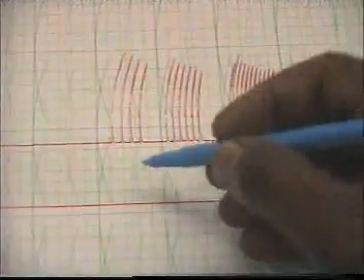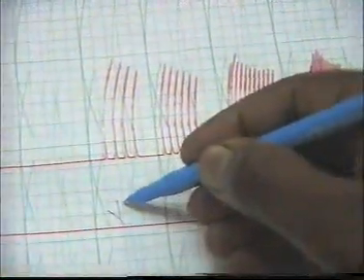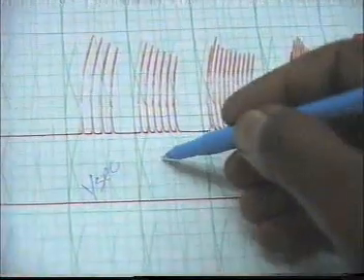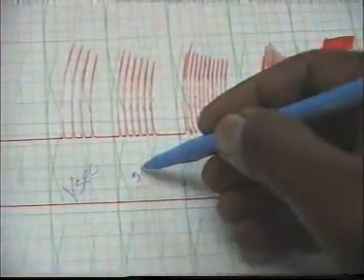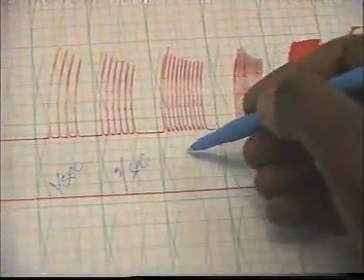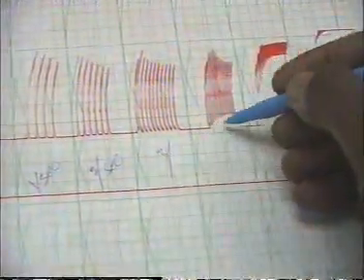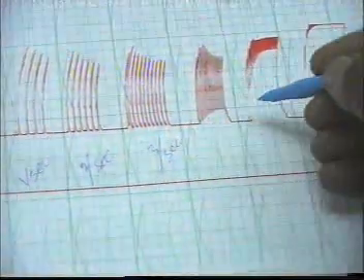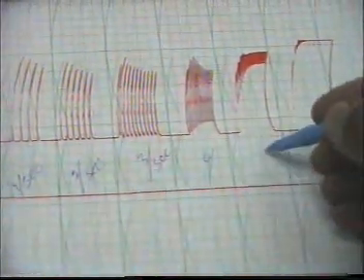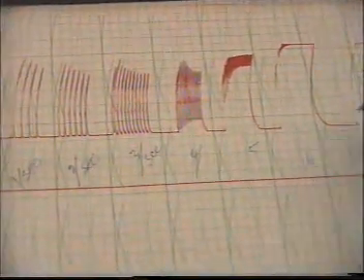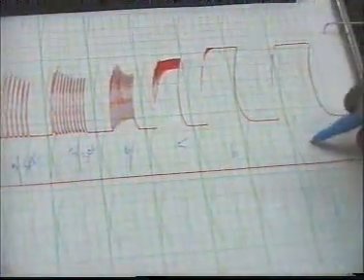In the record you see here, you have one stimulus every second, then we increase to 2 per second, 3, 4, 5, 6, and 7 per second.